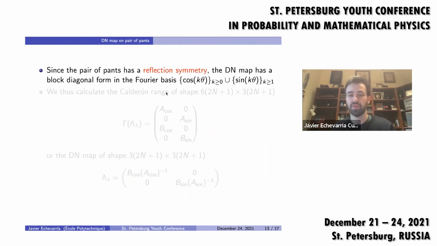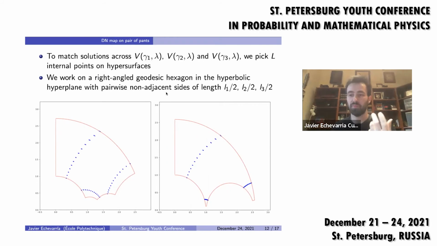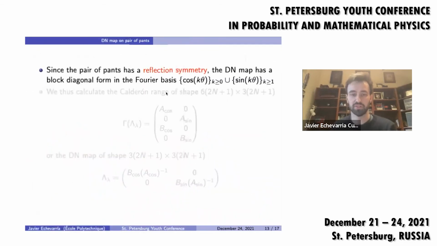But the nice thing that we can take advantage of is that the pair of pants has a reflection symmetry, which commutes actually with the Dirichlet-Neumann operator. And so we can just work with cosines and sines separately, because effectively it's telling us that if we have an even solution on the boundary, the Dirichlet-Neumann map will also map it to an even solution, and odd likewise. We don't need to mix these two things, and that speeds up the calculations.